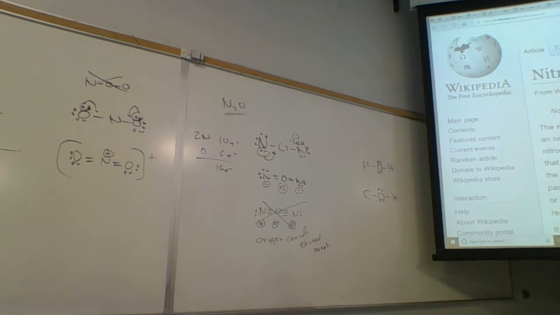And that takes care of 16 electrons. Now we have a choice. Choice 1, nitrogen sacrifices. So if we go choice 1, we'll make a double bond here.